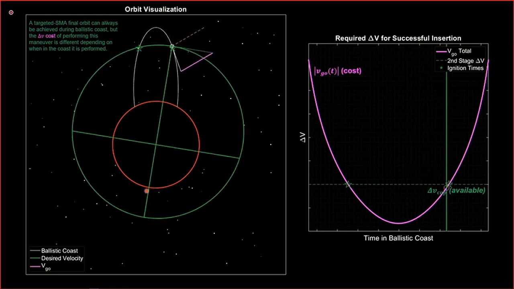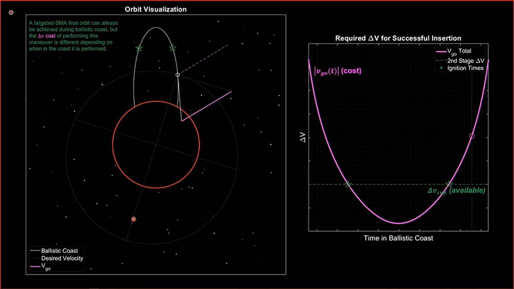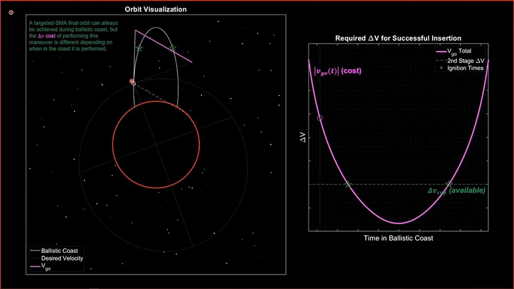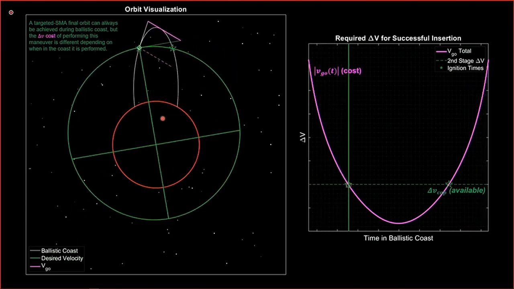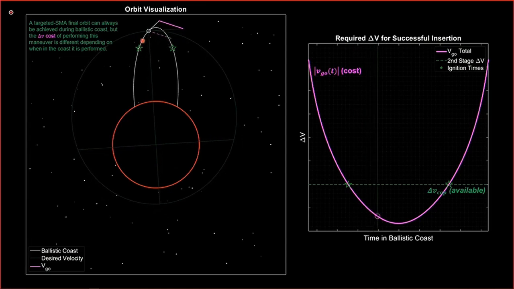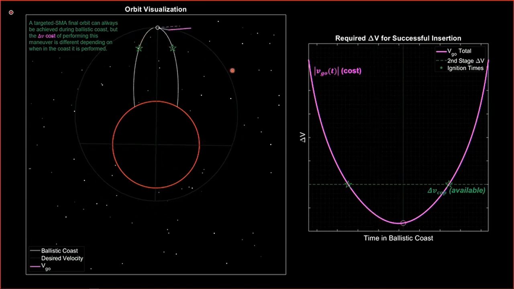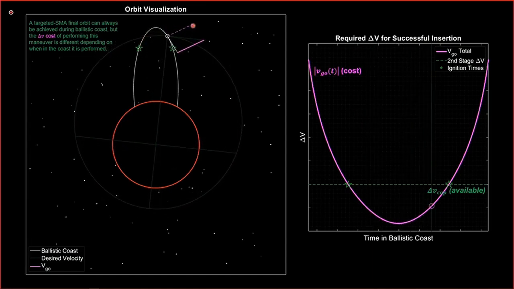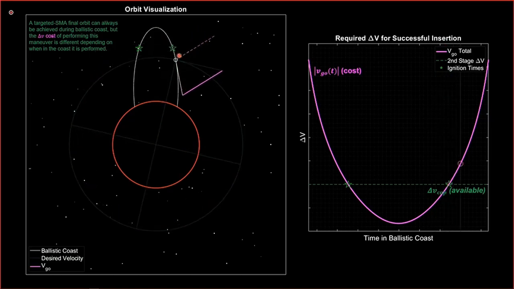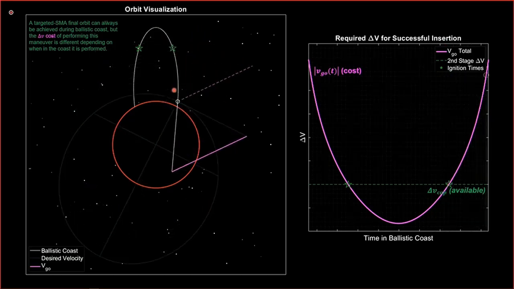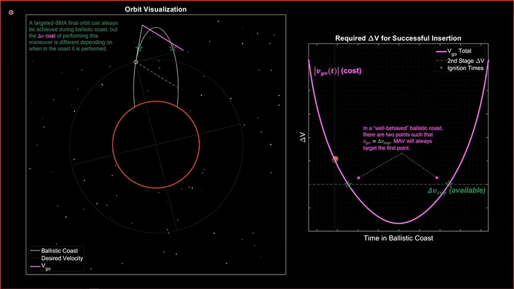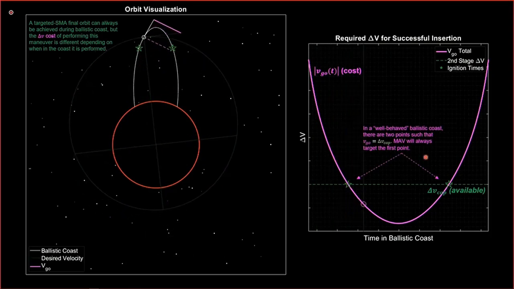So this axis right here will not change in length over the course of this ballistic arc. Essentially, that represents the instantaneous target solution. And if we're assuming that we've got a certain amount of estimated delta V on board, there is a certain time during this coast where the delta V on board will equal the cost of the maneuver.